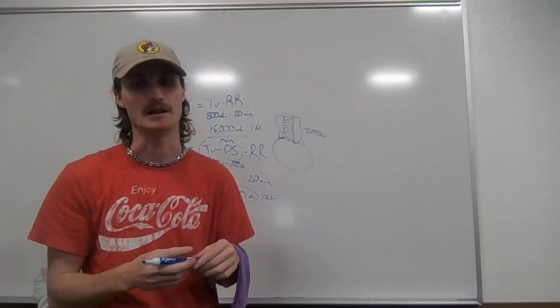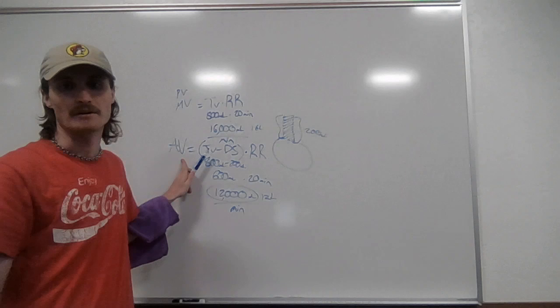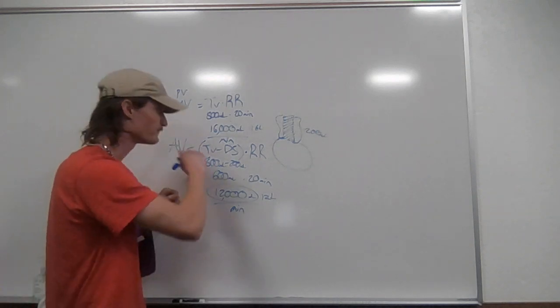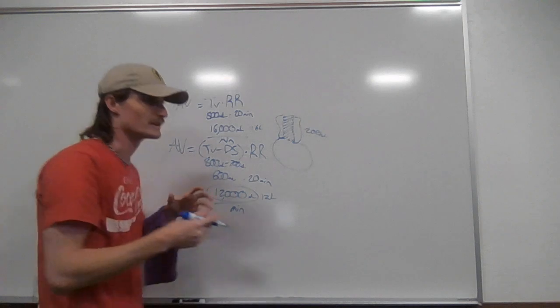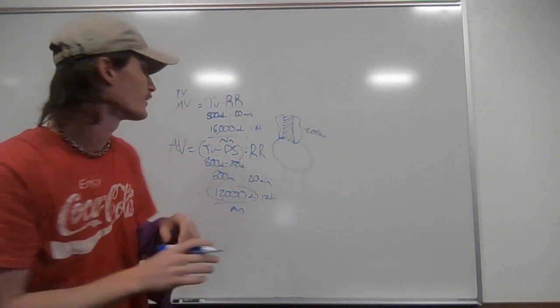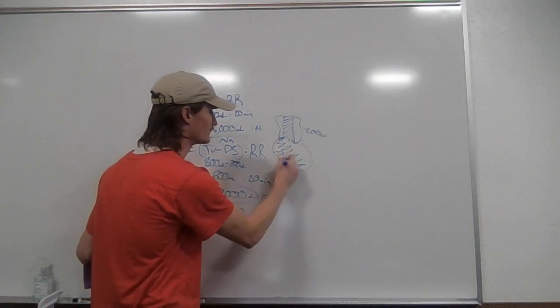It's going to make that a lot more effective, allowing for better gas exchange. If we're just breathing in and breathing out really quick, we're not actually allowing the gas exchange to happen. We're also not filling up this much of our alveoli.